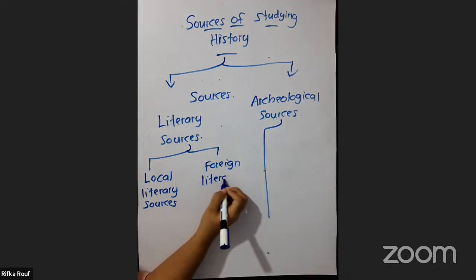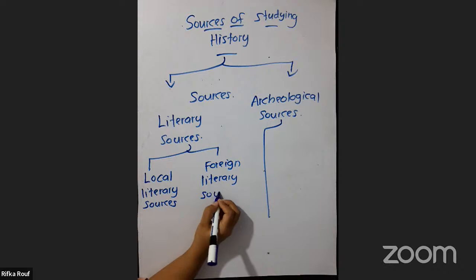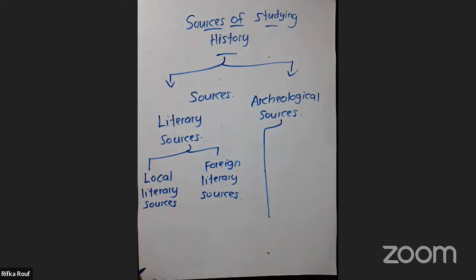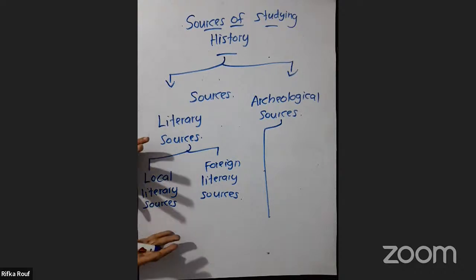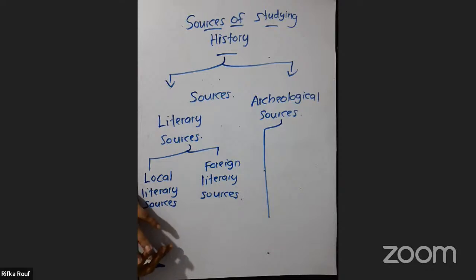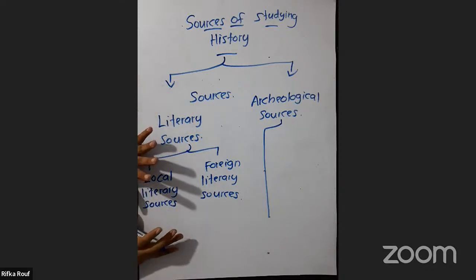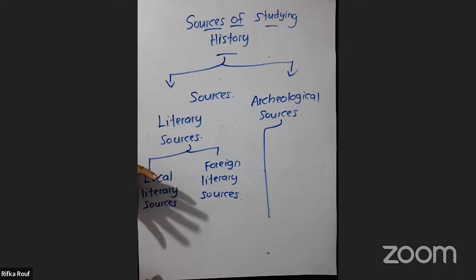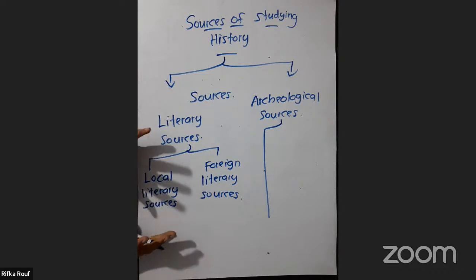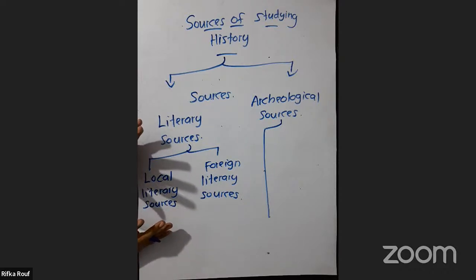Local literary sources means writers, authors who belong to our country and have included information about our country in their books, in the way of prose or poems. These are the local literary sources.